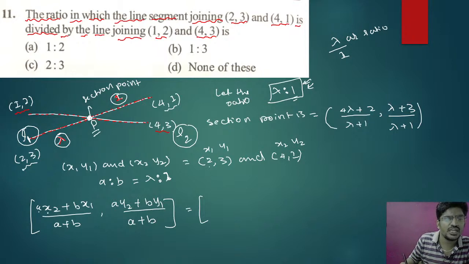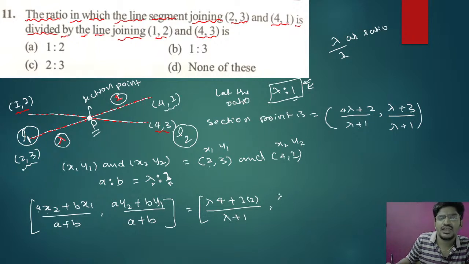Therefore, A into x2: A value is lambda, lambda into x2 is 4, plus B is 1, 1 into x1, that is 2. So 1 into 2, divided by lambda plus 1, comma, again lambda into y2, that is 1, plus 1 into y1, that is 3, divided by lambda plus 1.